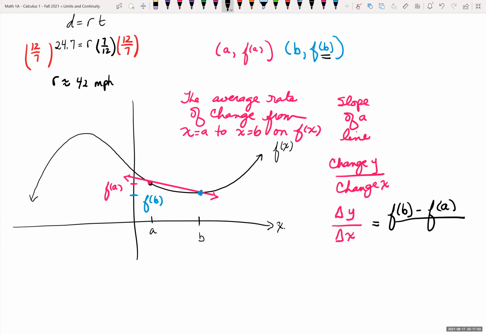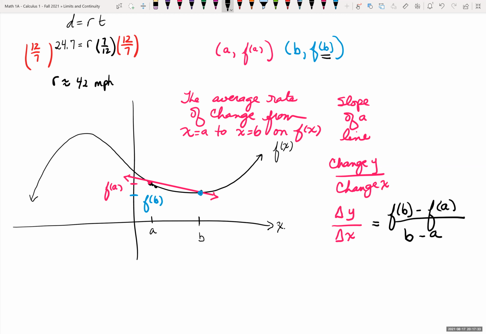So the change in my x value is b minus a. So that's giving me the average rate of change. It would be impossible to do, but basically if we took every x value between x equals a and x equals b, and we found out what that y value was, and we averaged them all up, we would get back what that average rate of change is.